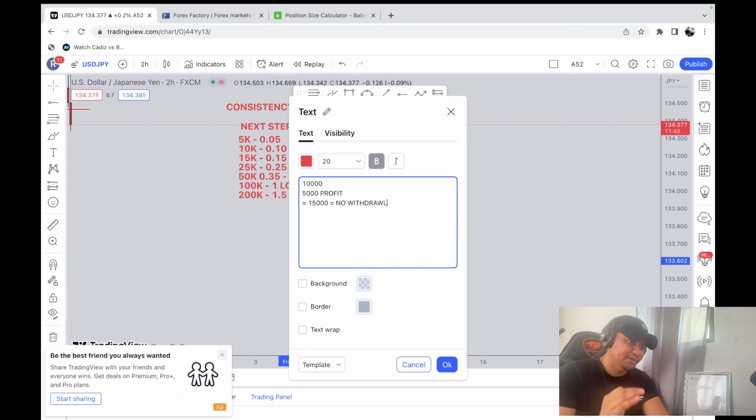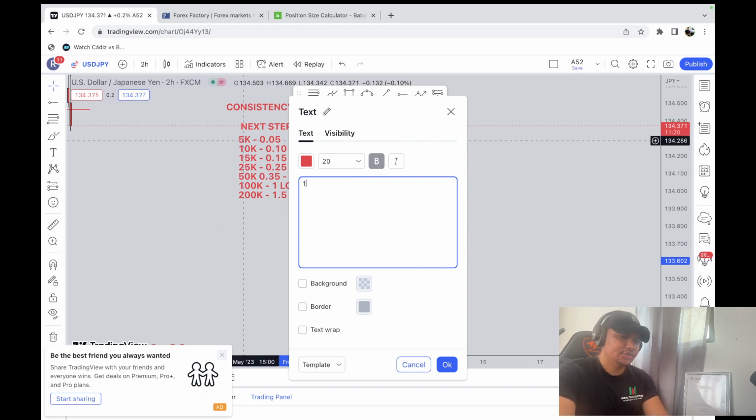The profit that you made in one trade is 100% equal to the amount that you want to withdraw. Now let's say you made 10,000 profit, and the account is now on 20,000. Again, no withdrawal, because 10,000 is also 100% of the profit.